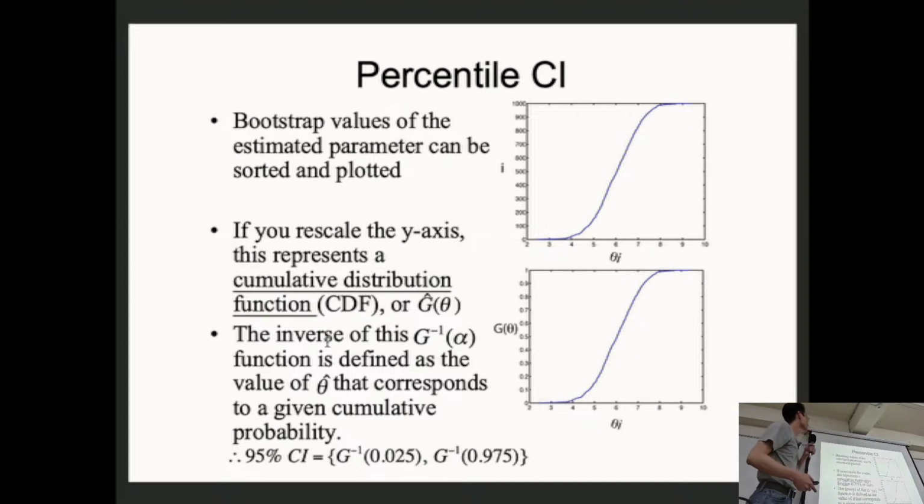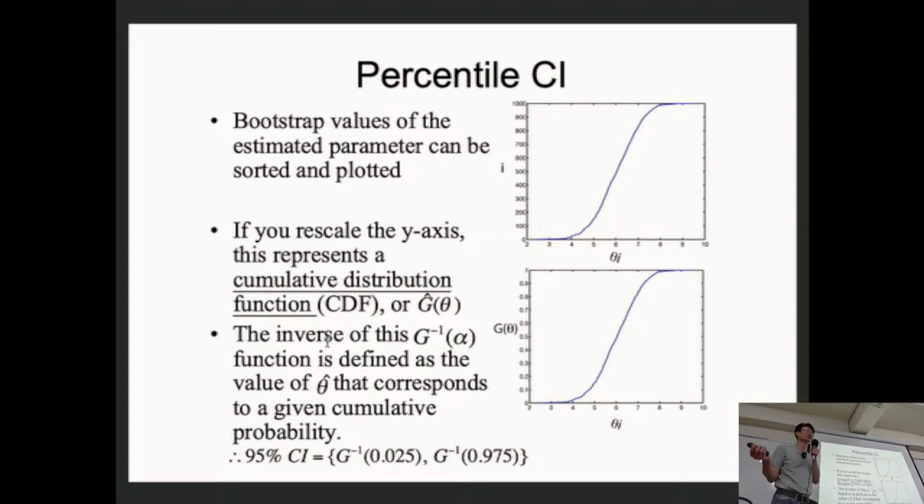That's the easiest, simple-minded way to generate your 95% confidence interval using percentiles. It's called the non-parametric percentile confidence interval from the bootstraps.